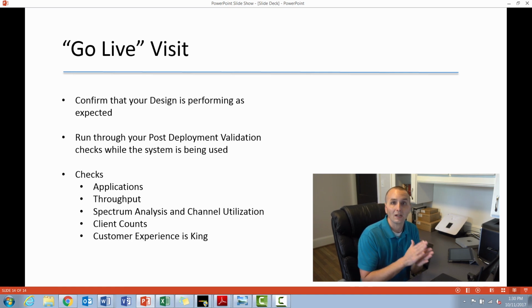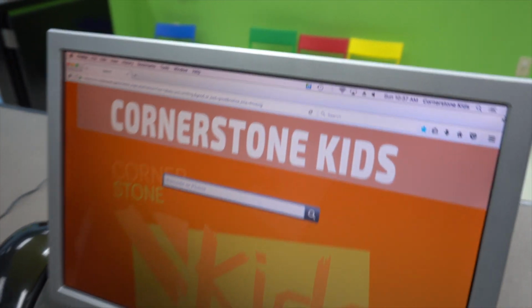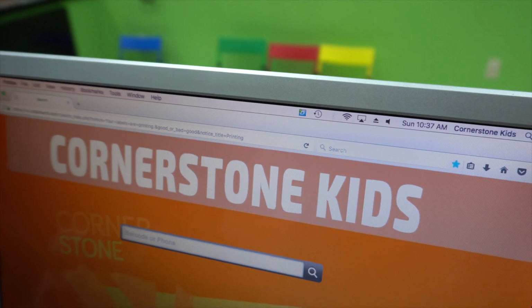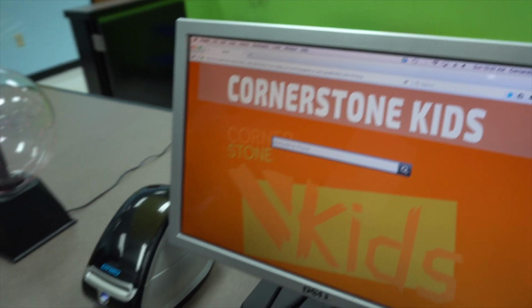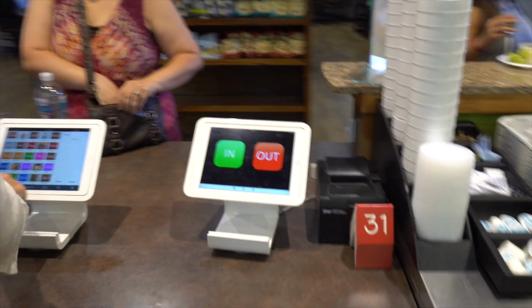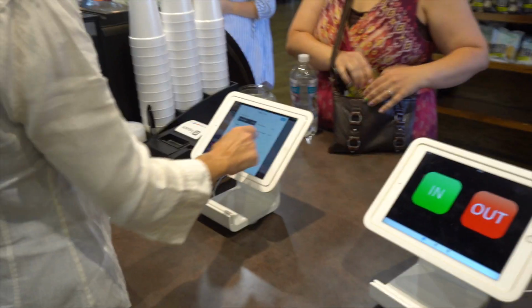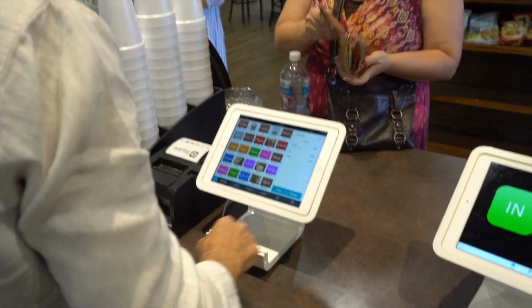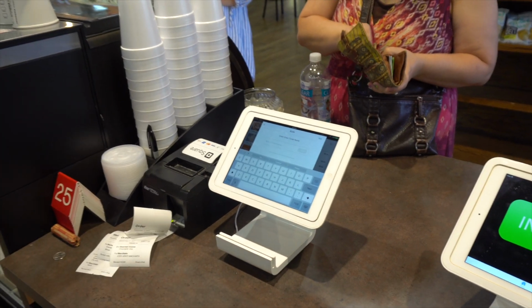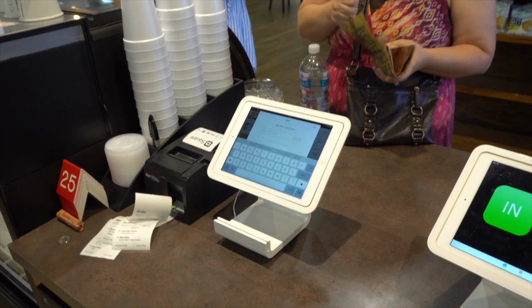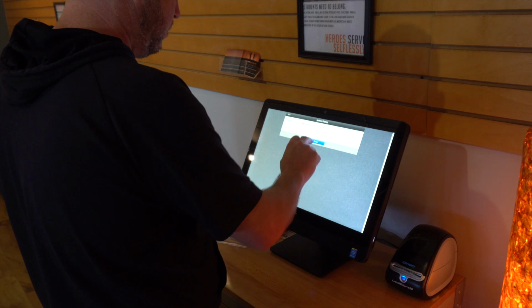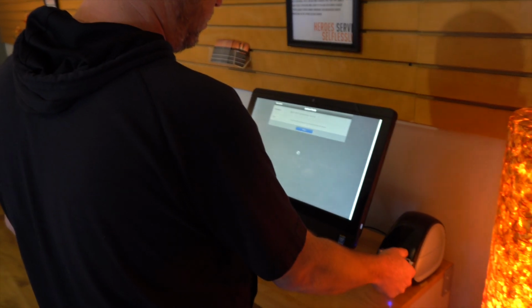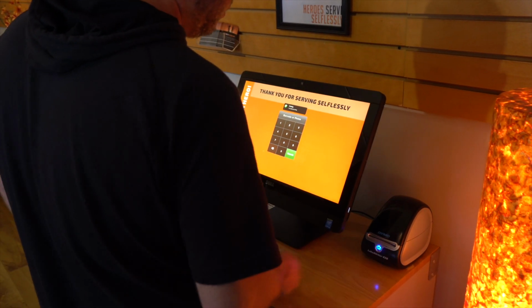For example, their check-in processes for their kids. Was their POS functioning with people in the concourse area? Was it locking up, or was it smooth and performing like we expected? Their volunteer check-in: they have volunteers in all kinds of different areas of the church. Was that check-in properly negotiating and printing out labels? They have kiosks for tithing.